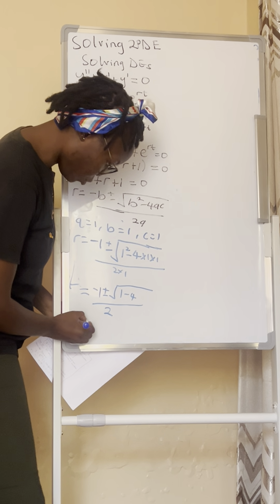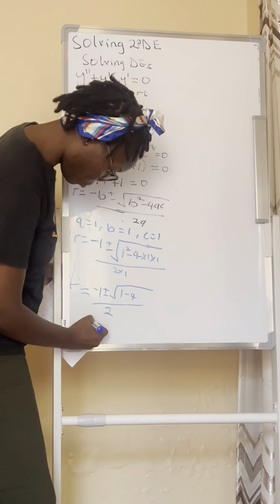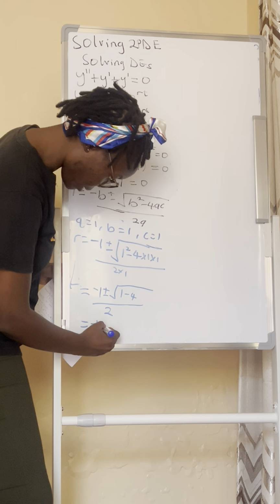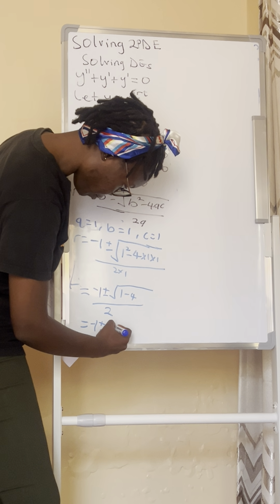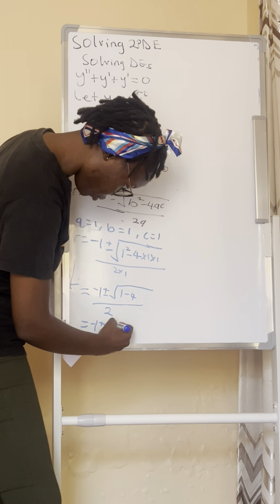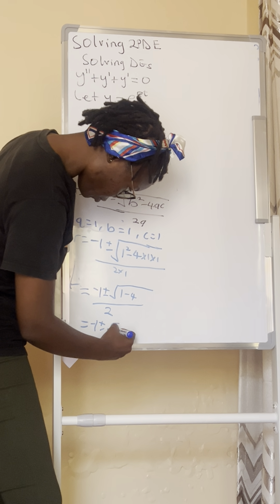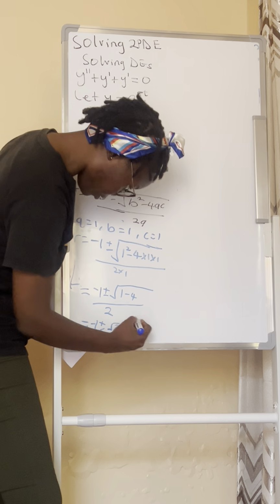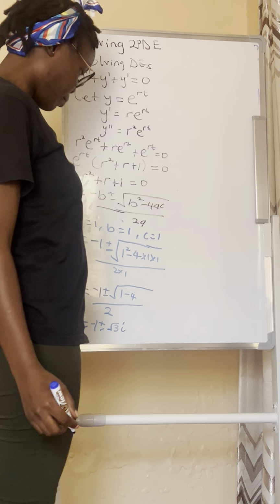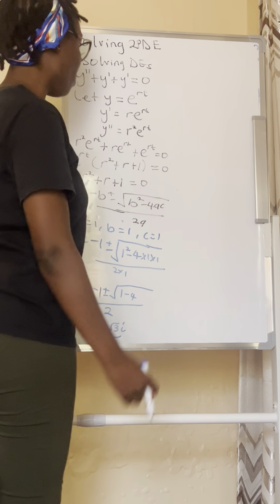So we have a complex solution, which is negative 1 plus or minus the square root of 3 i, over 2. So we have two complex solutions.